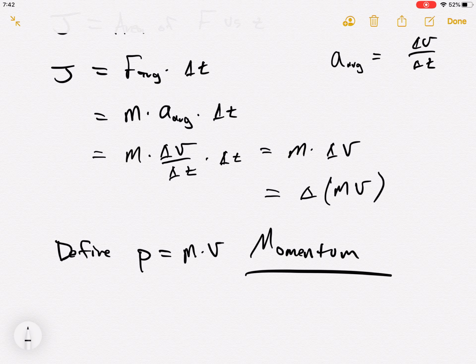So the impulse here could be written as delta p. Okay, so momentum, that's a useful quantity or useful idea. Momentum captures information about an object that includes both its velocity and its mass. I mean, that seems obvious.